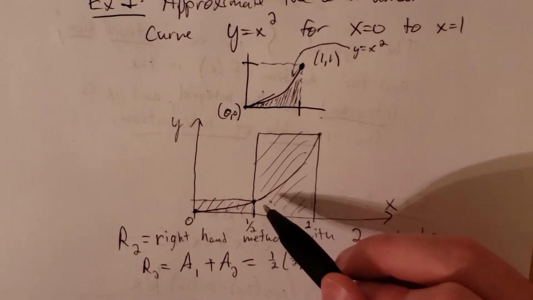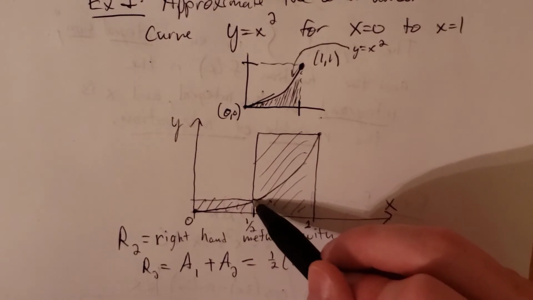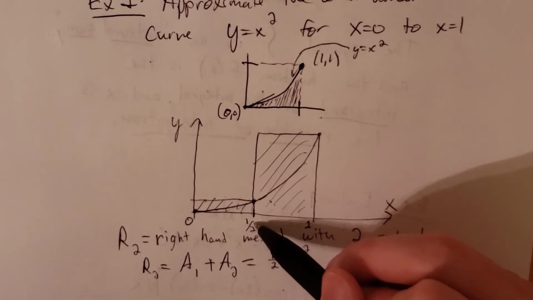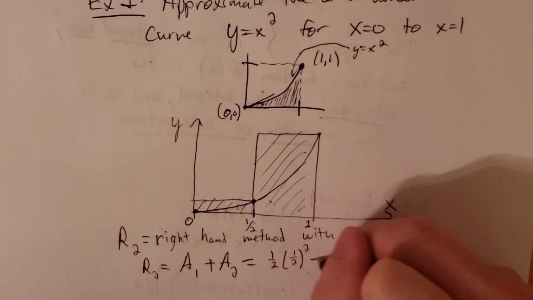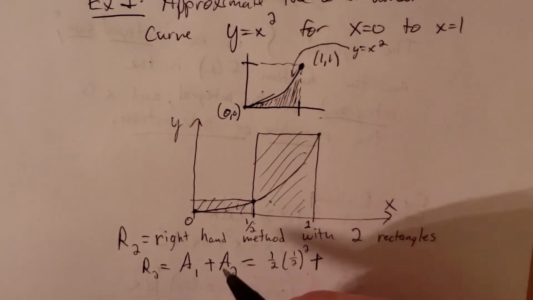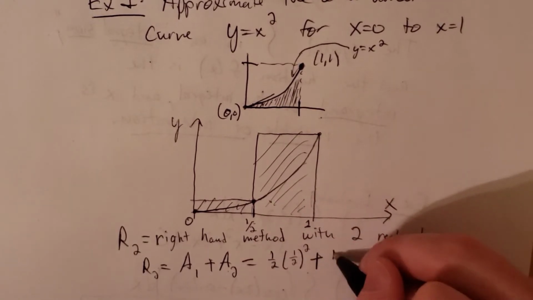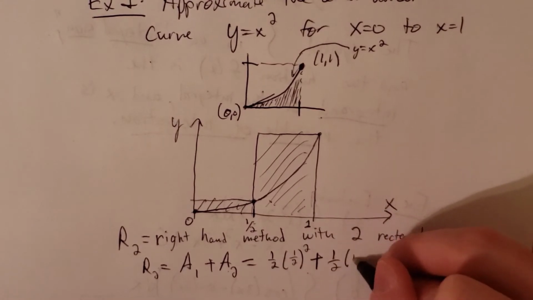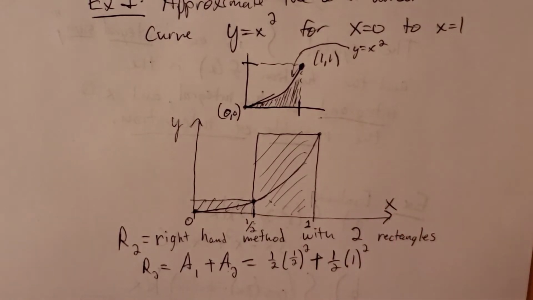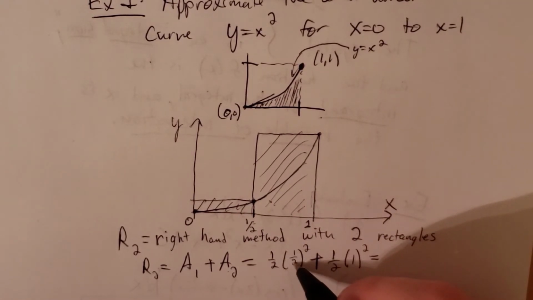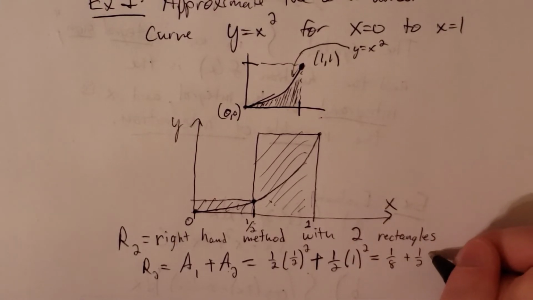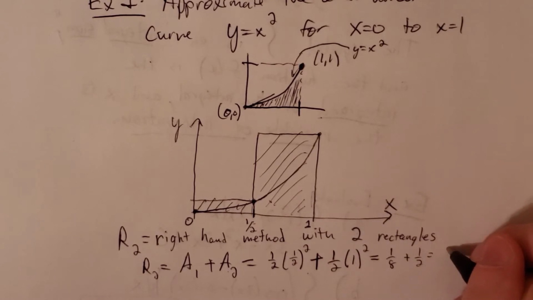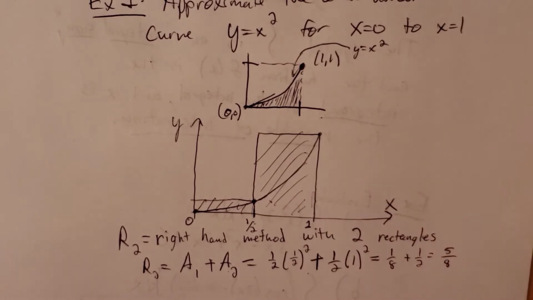Our function is x squared, so the height of the function at that point is x squared, which is (1/2) squared. Plus, let's go ahead and calculate the area of the second rectangle, where our width is 1/2 and our height is 1 squared. All right, so we get (1/2) squared is 1/4, times 1/2 is 1/8, plus 1/2. And all of this put together is 5/8.